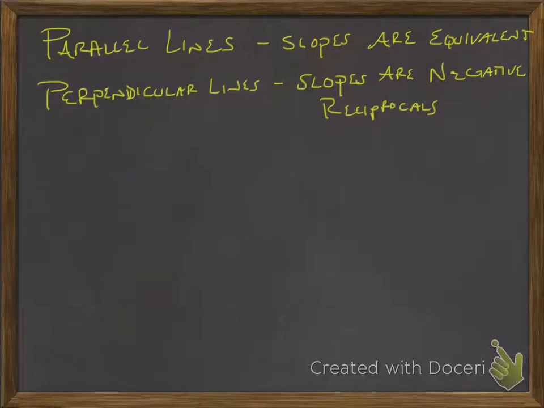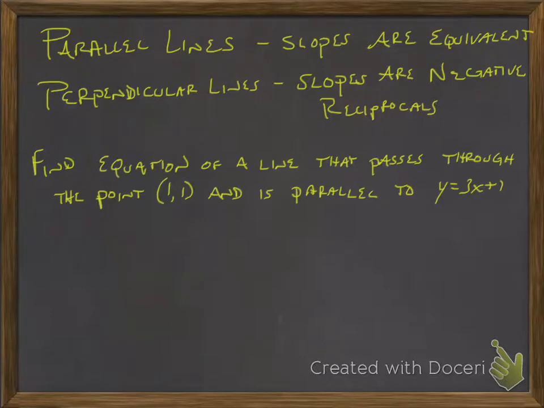So here I'm trying to find the equation of a line that passes through the point 1, 1 and is parallel to the line y equals 3x plus 1. So first, find the slope of this line is 3. Because the line I'm trying to write is parallel to it, it's going to have the same slope and passing through the point 1, 1.